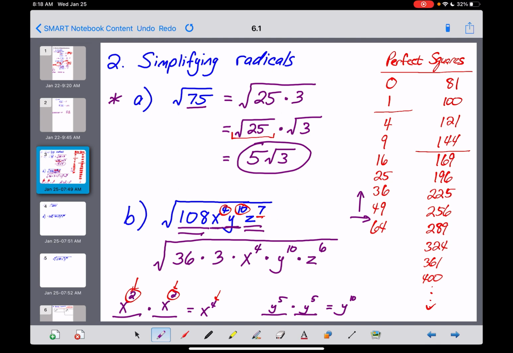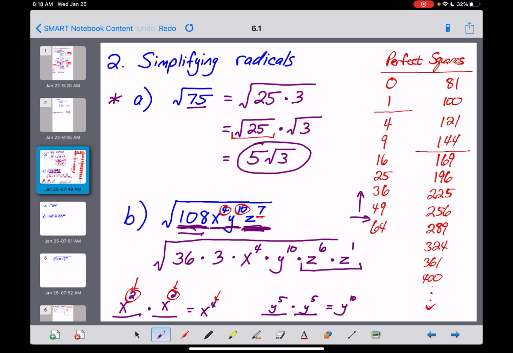Now wait, I'm not done. The z to the 7th gets replaced by z to the 6th times z, and really there's a first power right there. You don't need to write that if you don't want to. So I broke up the z to the 7th into the z to the 6th times z, the same way that I broke up 108 and made it 36 times 3.